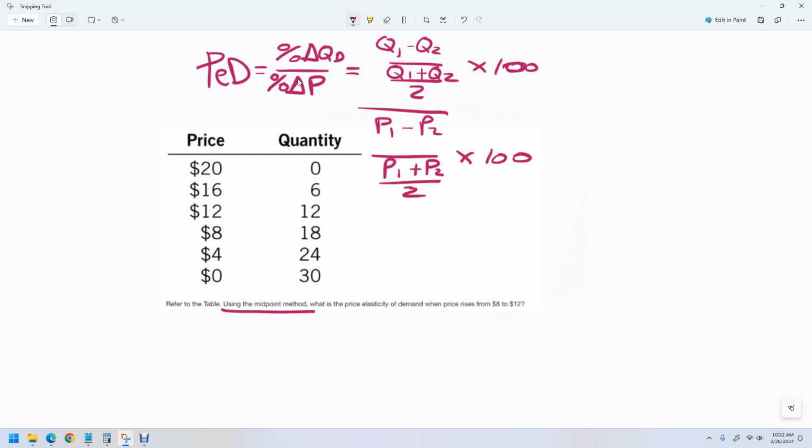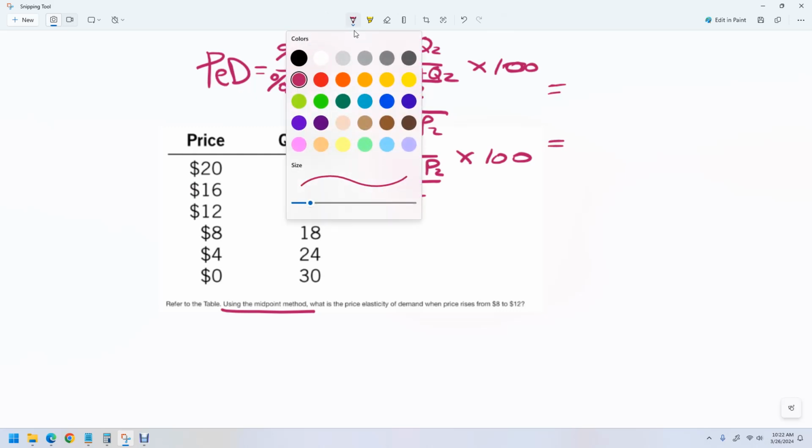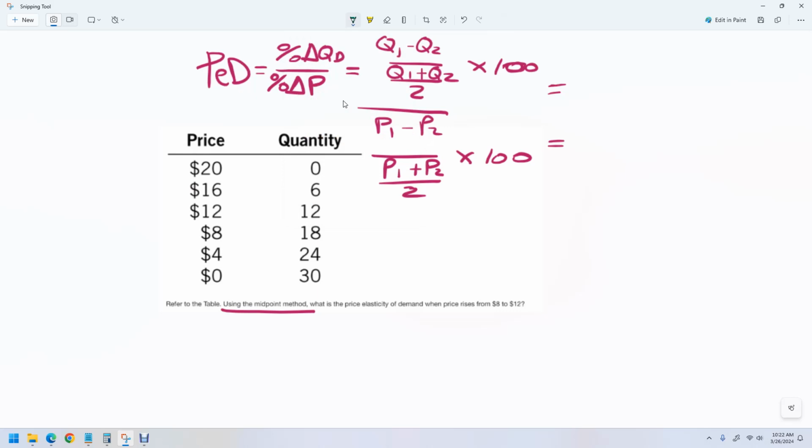So the price is going from $8 to $12. I like to do the quantities first. So we'll do the quantity first over here. And we're dealing with this scenario here. So we're going from 8 to 12.